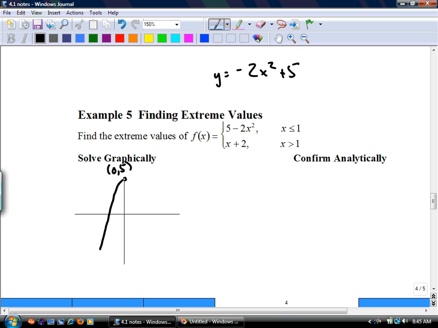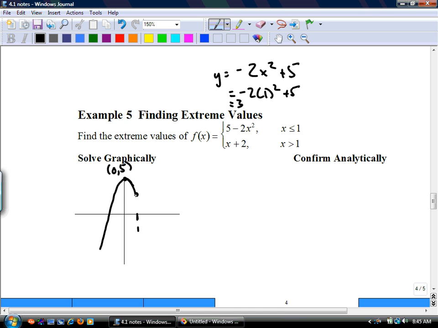So we know this. And then we stop when x is 1, but we don't know what our y value is. How are we going to get that? Ooh, good. You get 3.